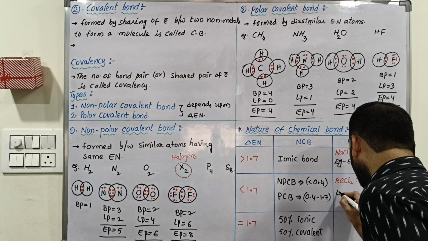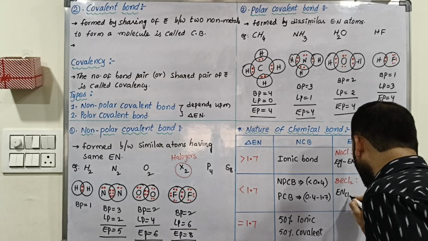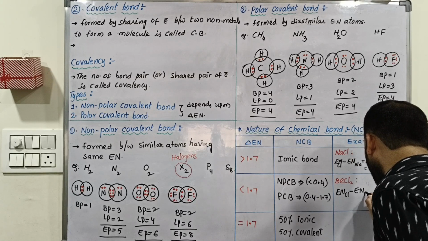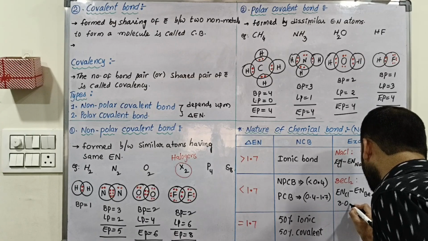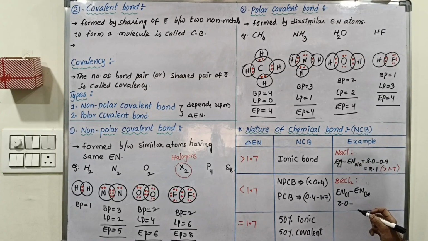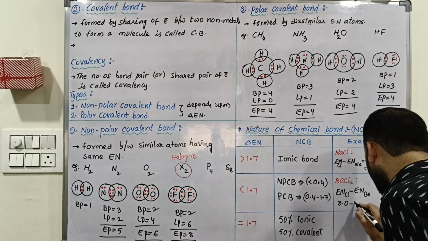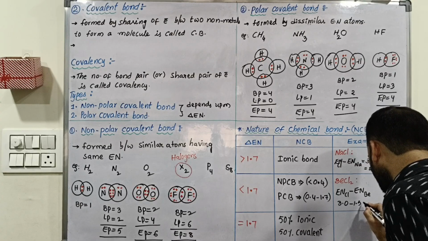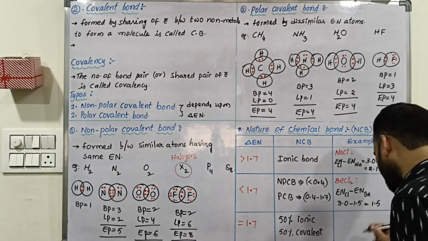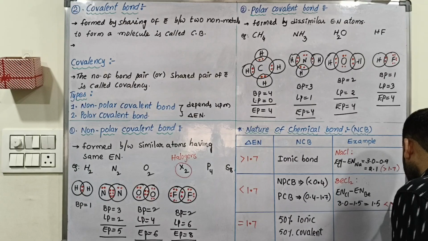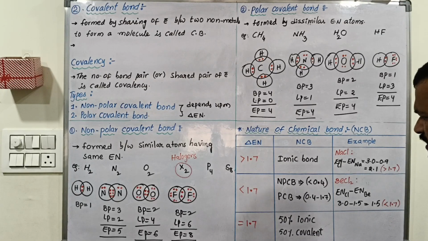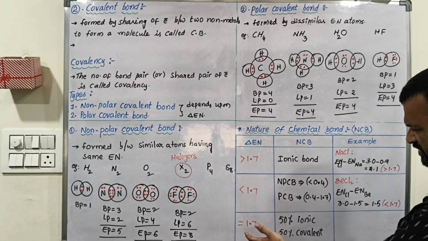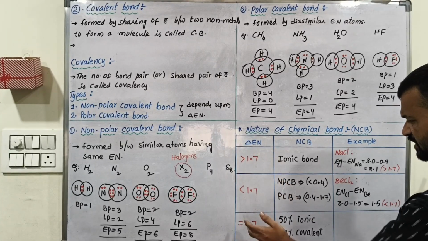The electronegativity of chlorine, 3, minus the electronegativity of beryllium, 1.5. So here we will get 1.5. So it is less than 1.7.